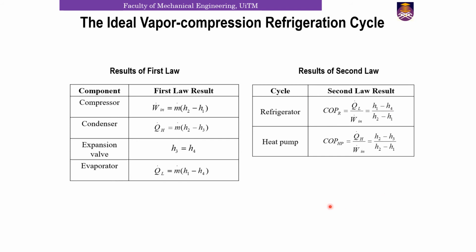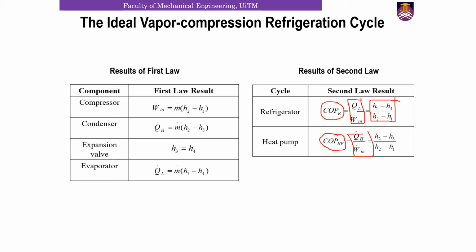So you have to memorize the COP values for a refrigerator and for a heat pump, based on this definition and also this definition. And this is for the heat pump. You will see that they are slightly different.